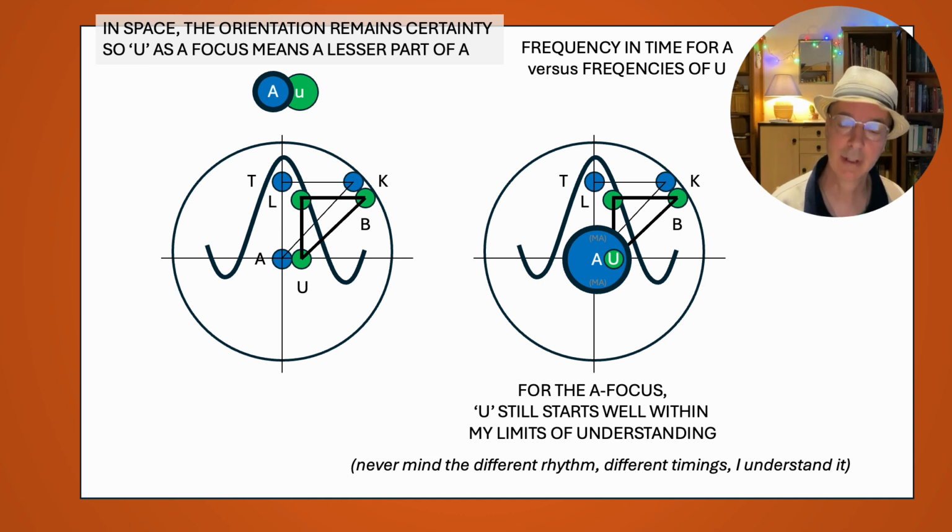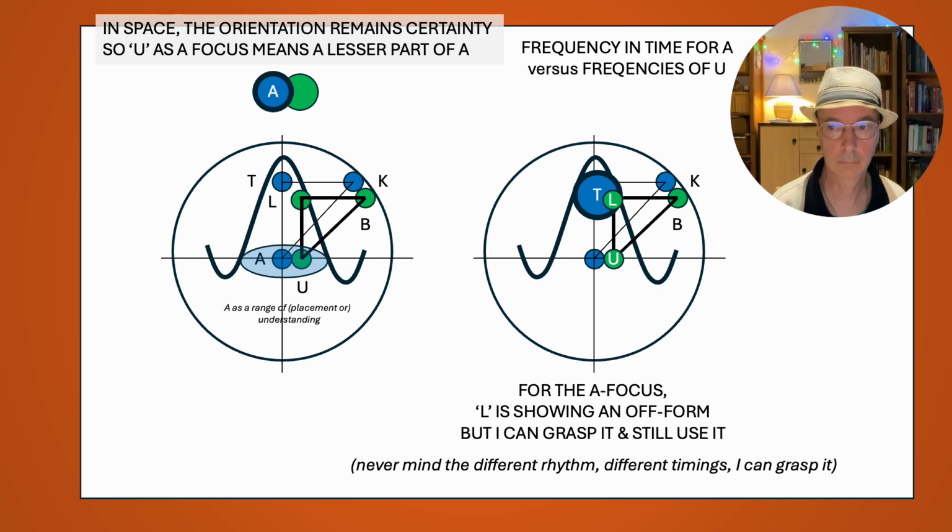It's within the limits of my understanding. Even if it would have different timings and rhythms, I don't care at this moment. I can follow it. I will do that. So where A was a certain scope of what I understand, the range of what I understand, the T was the point that I say, okay, here it has a certain range and it also exists, I can use it and so on. On the next level, out of U, you have the L.